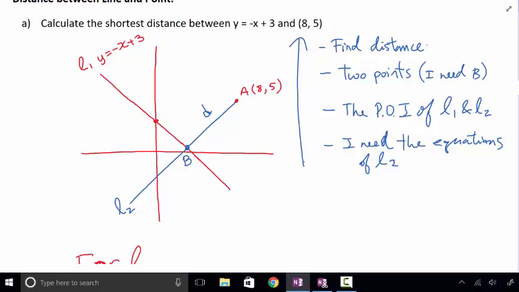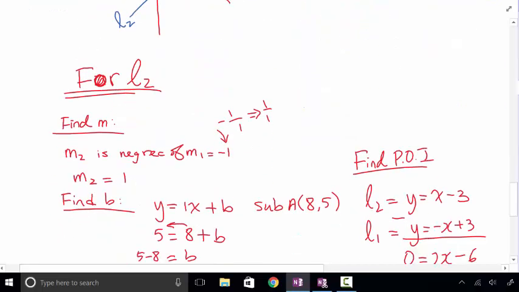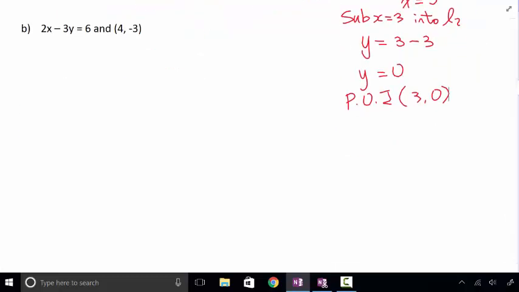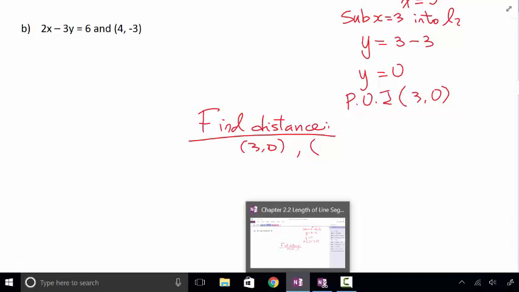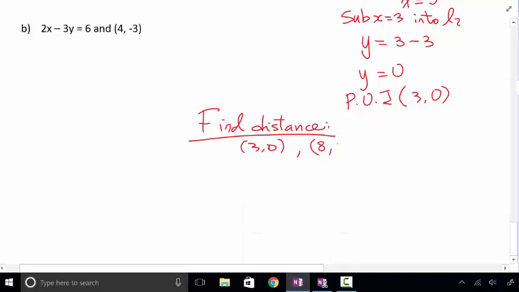I'm finding the distance between A and B. The last thing I need to do here is find the distance between 3, 0, and what was the point? 8, 5. Yeah.